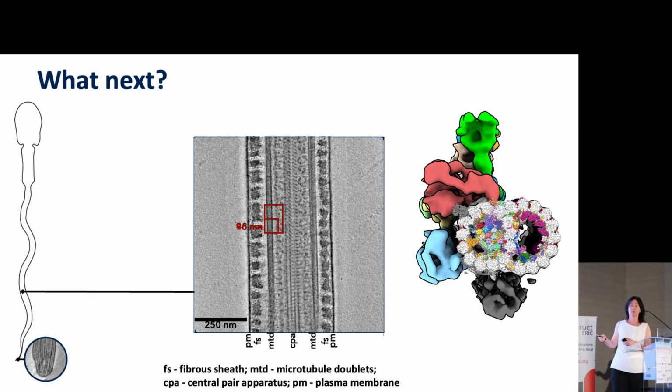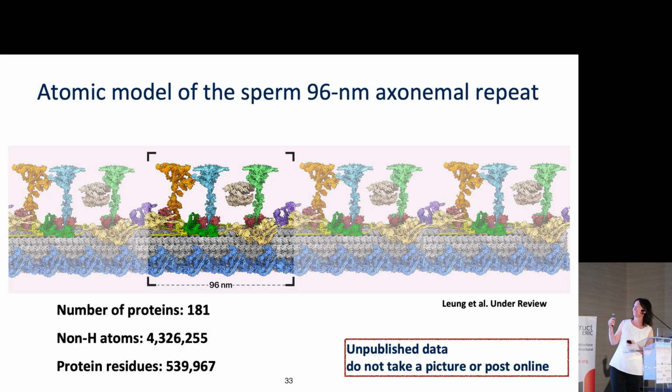So now we got bigger, a bigger box, which means we needed to at least double our data set, and all the processing. This is what we have now. I do not have the time to go into the details of this, but we do now have the atomic model of the 96 nanometer repeat. Again, a lot of new proteins that we identified, and just to convince you that we are going bigger, these are the numbers.